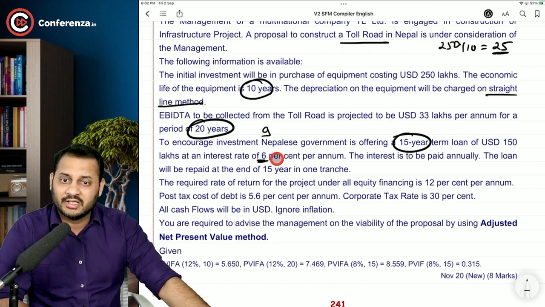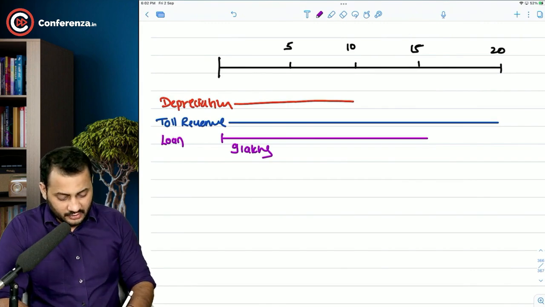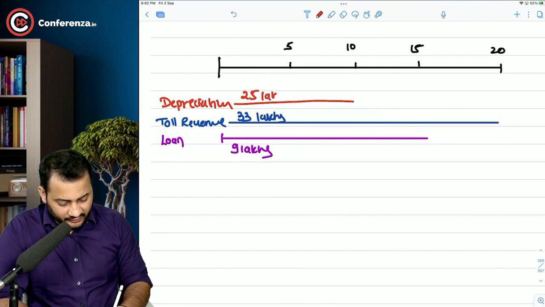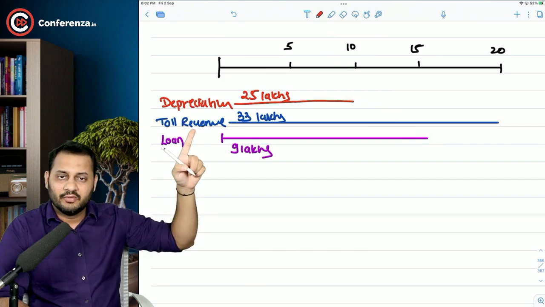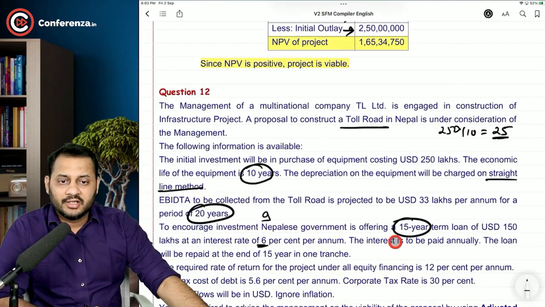There are no EMIs. Every year you are going to pay 9 lakh dollars as interest. Revenue will be 33 lakhs every year, and depreciation will be 25 lakhs every year. But 25 lakhs for 10 years, toll revenue for 20 years and 9 lakhs for 15 years. The interest is to be paid annually.